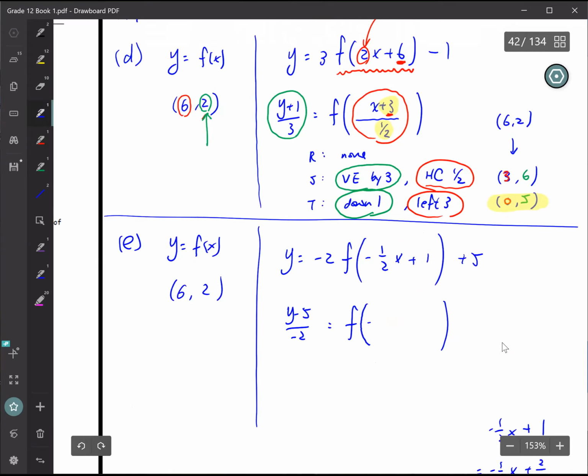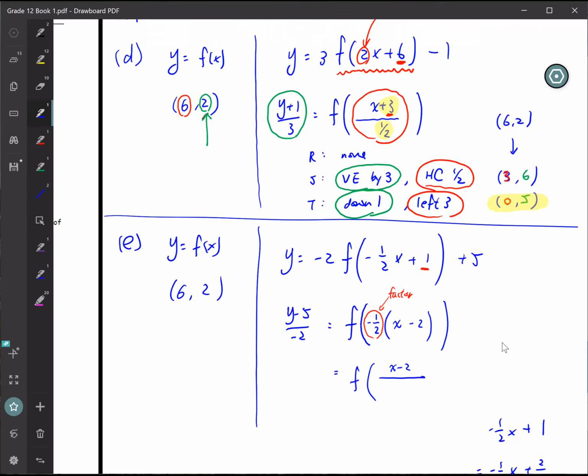We factor out -1/2. Then the first term will just be x. And then you need to take 1 divided by the -1/2 that you factored out. When you take 1 divided by -1/2, it will give you -2. All right, and then afterwards, you move it under. -1/2, if you move it under, you need to flip it, the reciprocal, so it becomes -2. So that will be your story form.